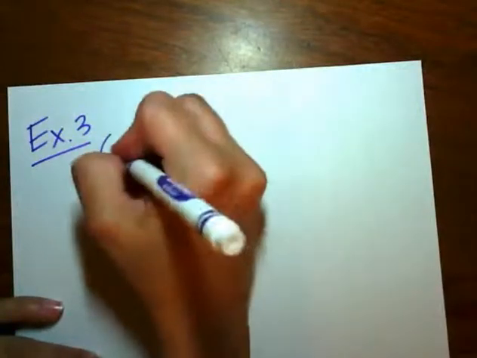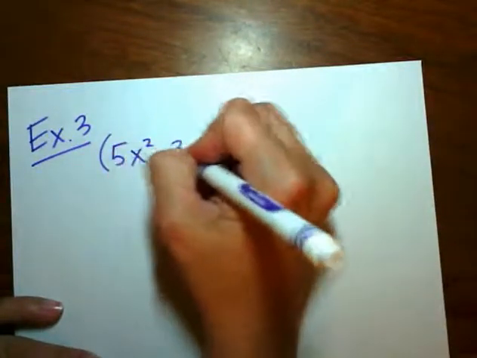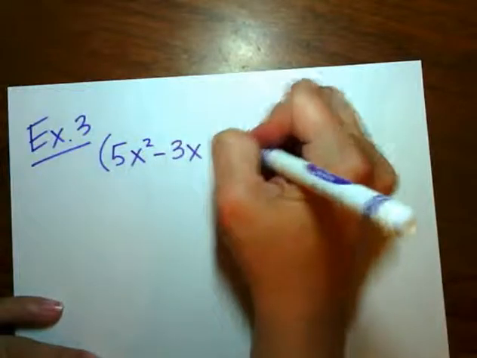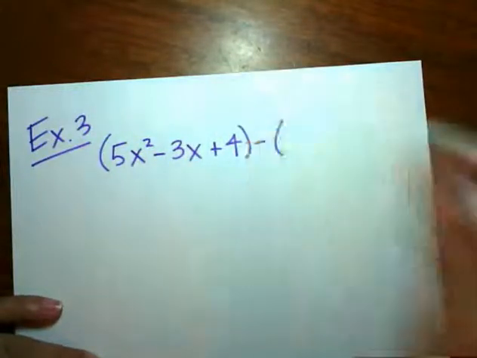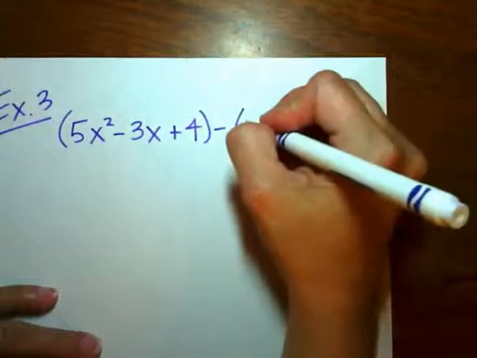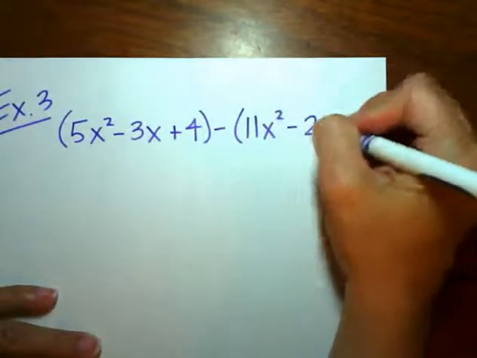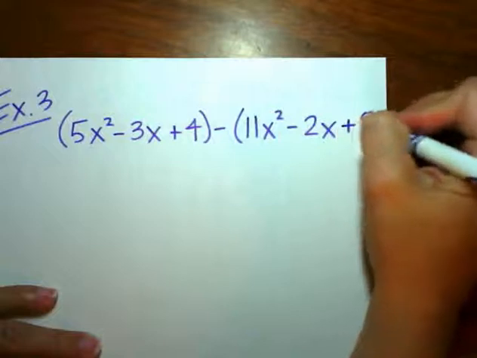So for example 3, 5x squared minus 3x plus 4, and we're going to subtract from that 11x squared minus 2x plus 8.